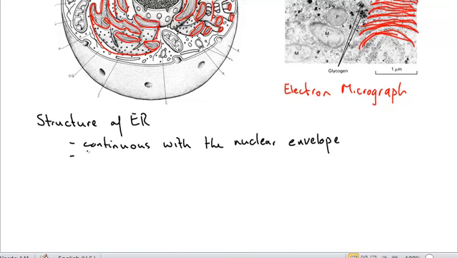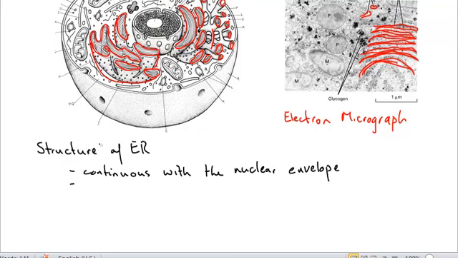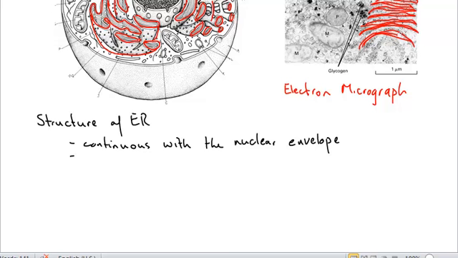Size-wise, it's really difficult to describe how big it is because it's very, very thin and fine, sort of like the way a spider silk is fine, but very, very long and twisted throughout the cell. So it doesn't have a particular size.